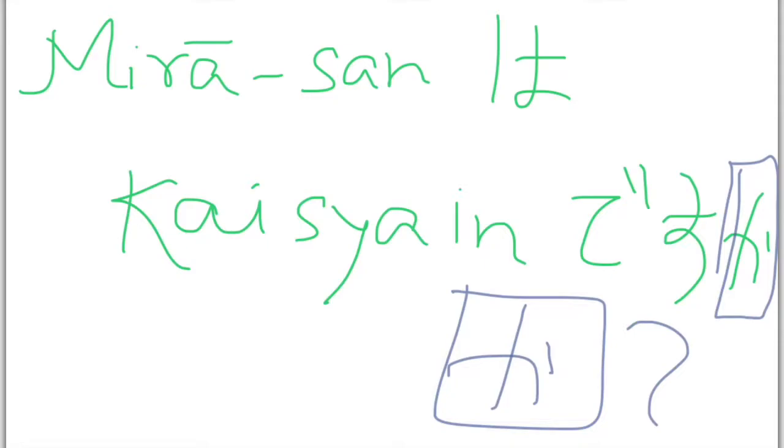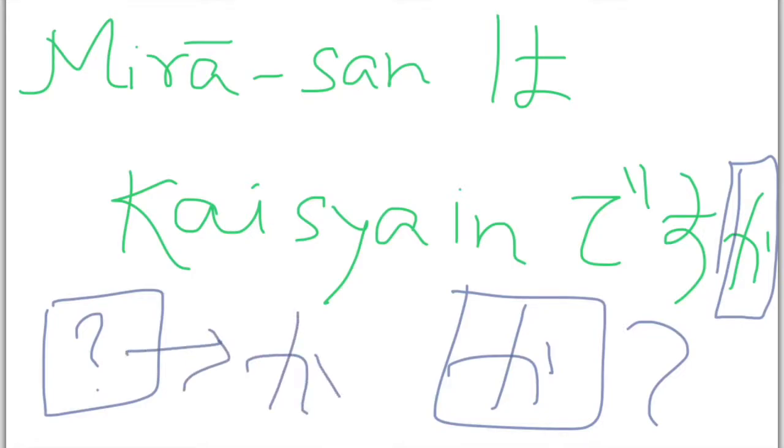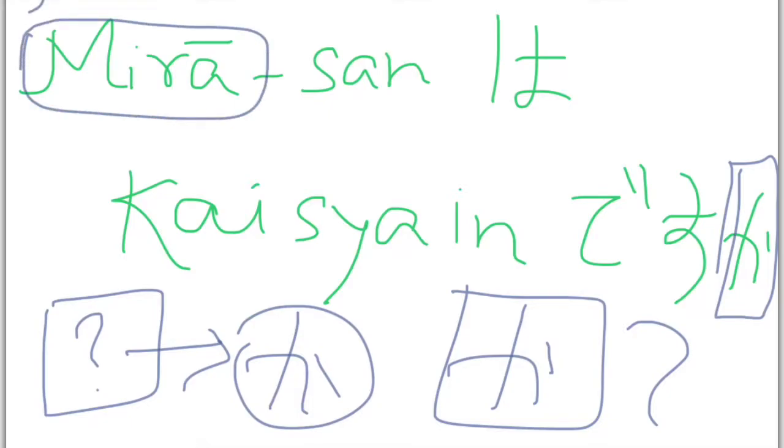In the Nihongo, the Japanese language, we do not use marks like the question mark. Instead, we always use ka. Here, Mira-san is a name written in katakana, actually pronounced as Miller.